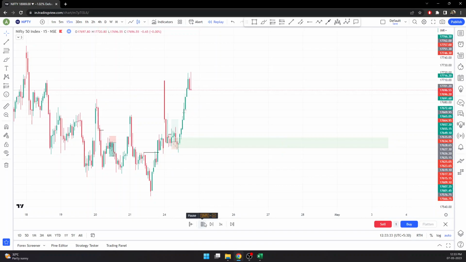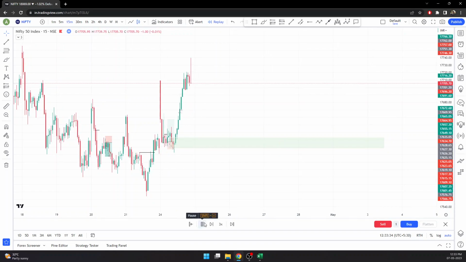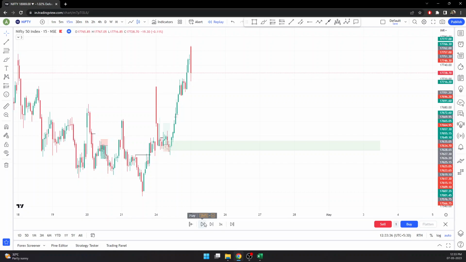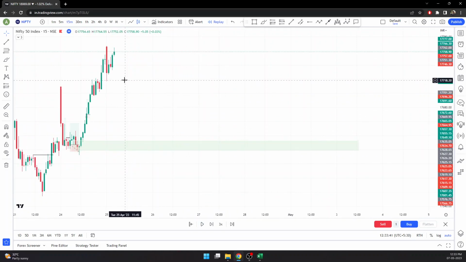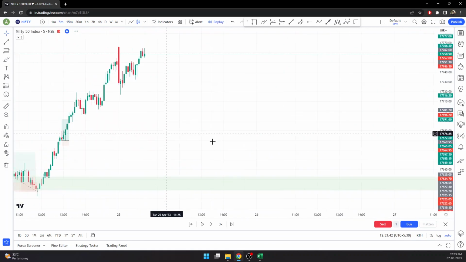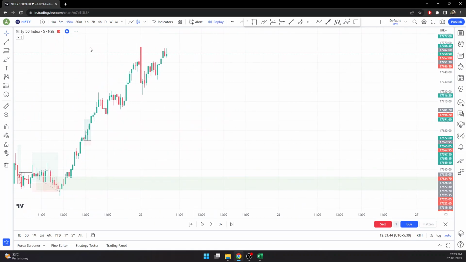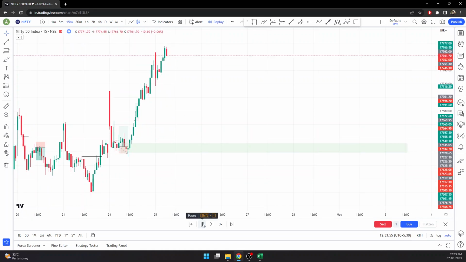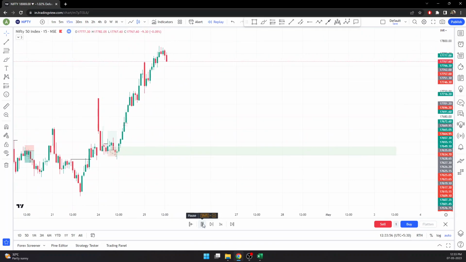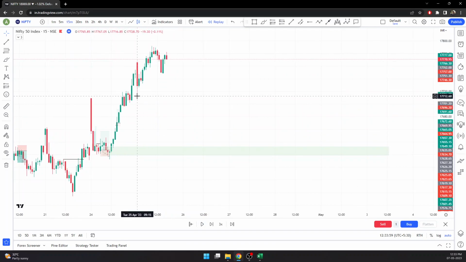So let's see if the market can come down around 50%. So here if we go into 5 minutes trend, we do not see any clear structure, but this is a consolidation and then continuation. So we can see the continuation happening here as well. So let's wait for it to touch the 50%. We can mark this as a swing.